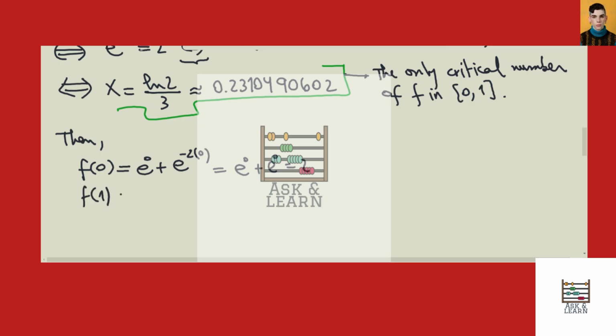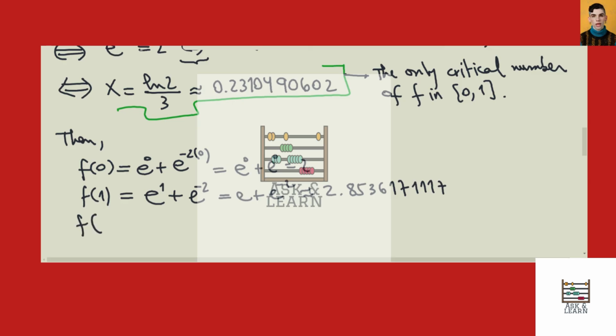F at 1 is e to the power 1 plus e to the negative 2, or e plus e to the negative 2, and using a calculator, this is about 2.85336171117.